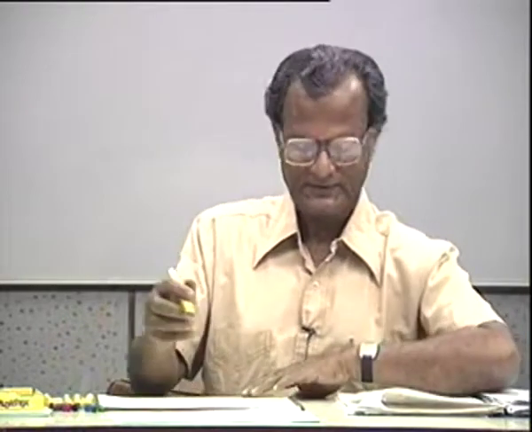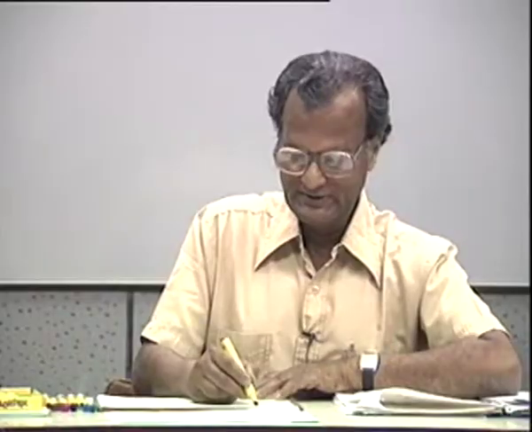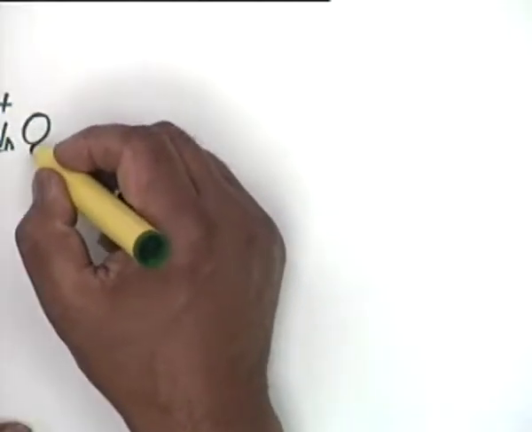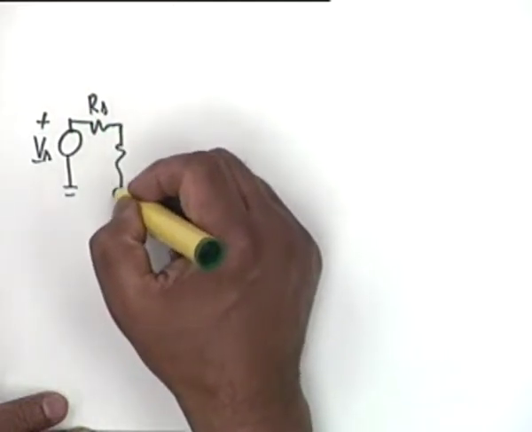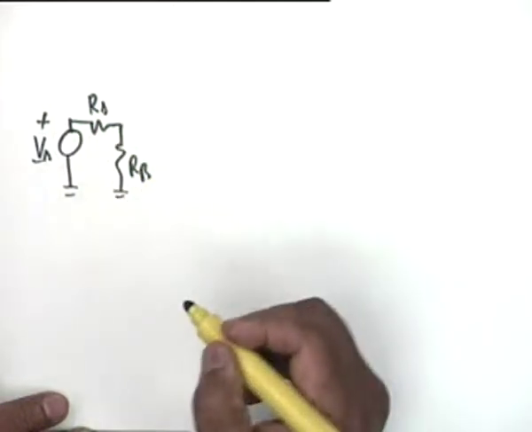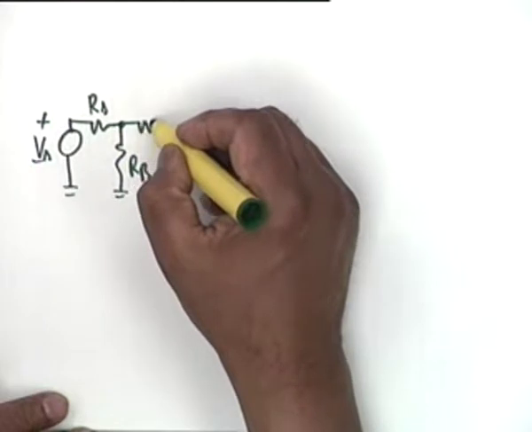If we proceed carefully, step by step, this is a fairly involved equivalent circuit. We have Vs, Rs, then Rb, and then for Q1 we can take care of Rx.